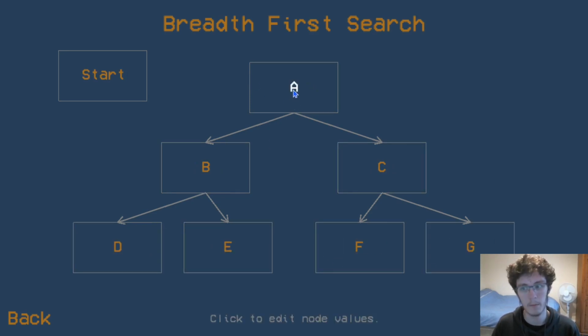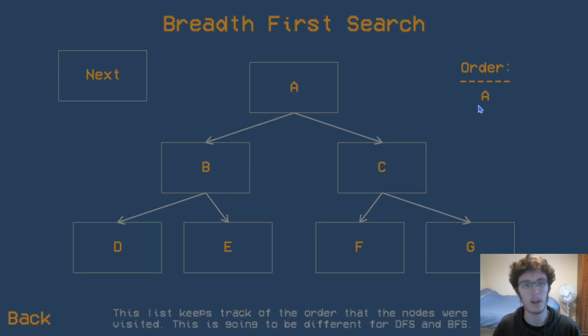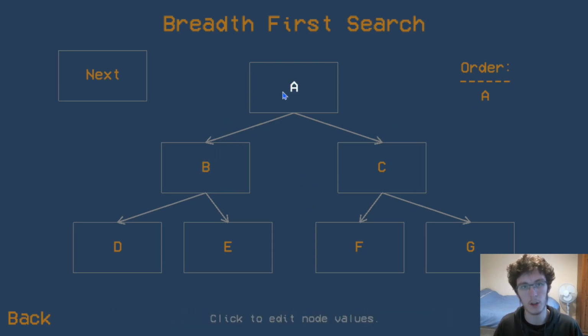We start with A, and we have the options B and C. But this time, instead of adding the children to a stack, we're going to add them to a queue. And what this means is the next node to be visited after A is going to be B, and then the very next one after that is going to be the other child of A, so C. We're going to have B and then C.